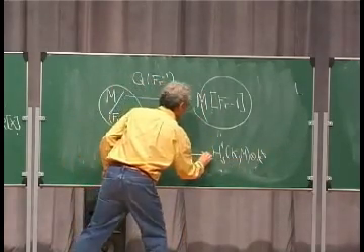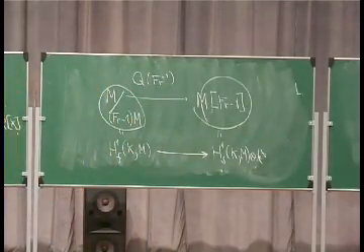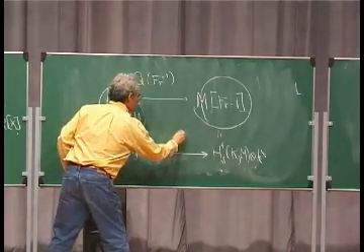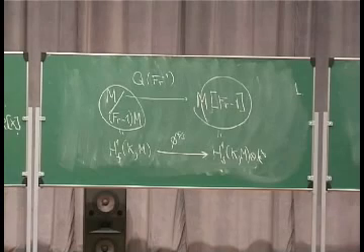And I get a canonical homomorphism from the one to the other, which I'll call phi fs, the finite-singular homomorphism.